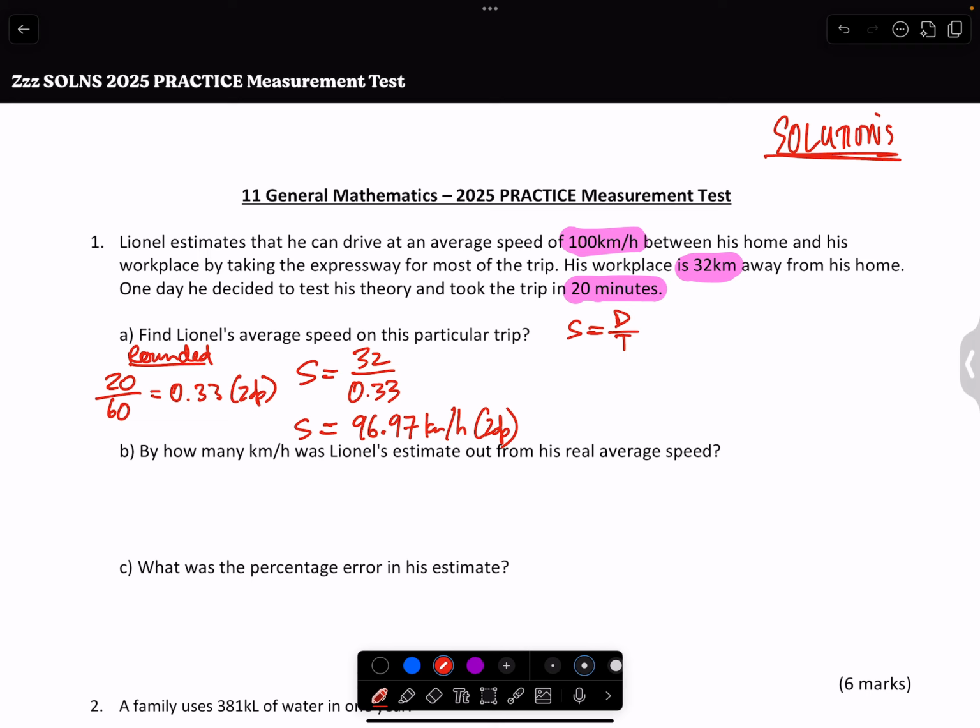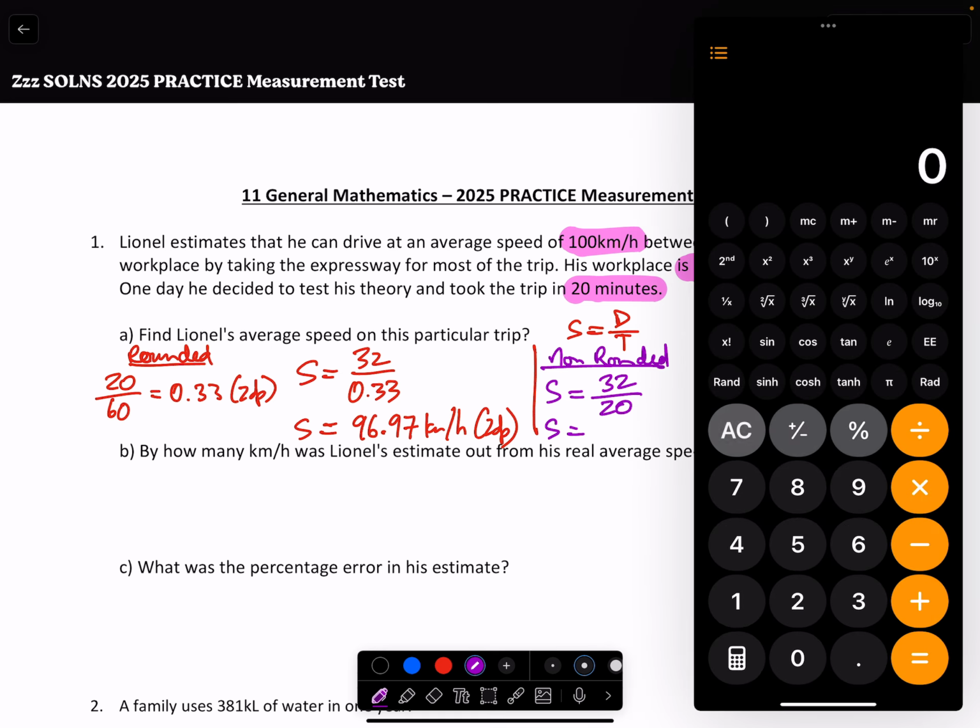However, every year, some people freak out with the solutions because they did it a more accurate way. I don't care as long as you round and indicate the rounding. So non-rounded method, just to show you, you could do speed is equal to distance, 32 over 20. 32 divided by 20, 1.6.